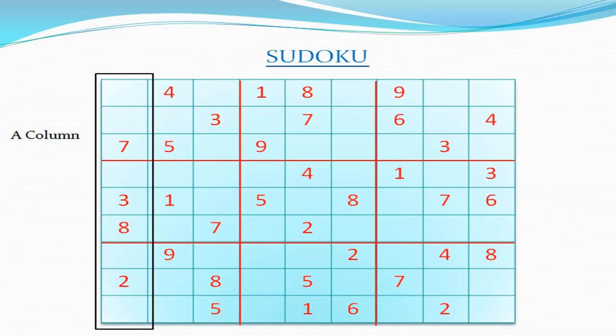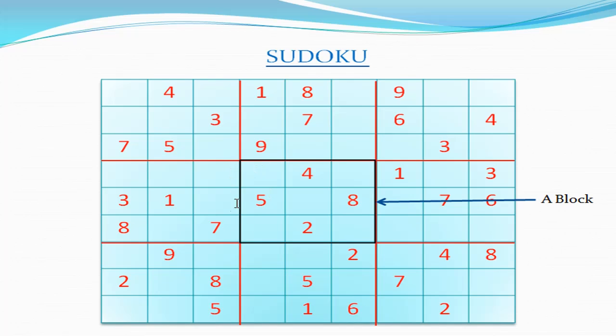In addition to that, this is called a block of 9 tiles. Okay, so this is a block, this is a block, this is another block. So in total we have 9 blocks here.